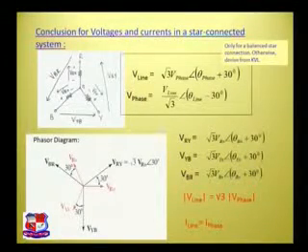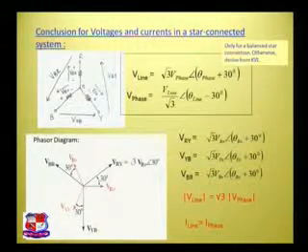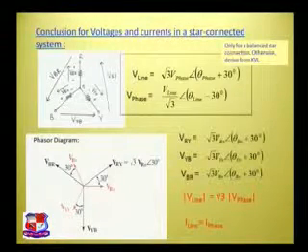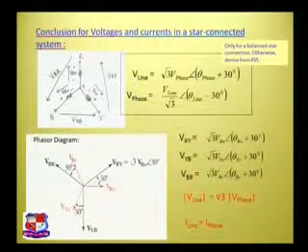Then what is the conclusion for the voltage and current in the star connection? Only for the balanced star connection, derived from the KVL, we have two types of methods.